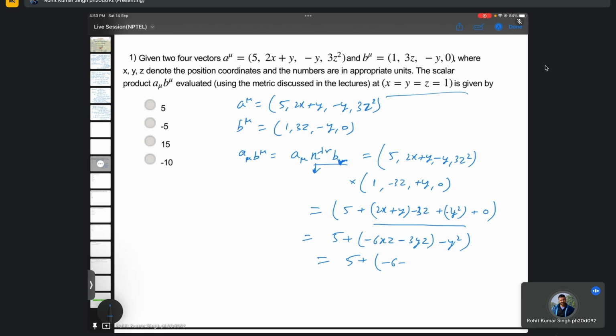So minus 6 minus 3, and this is minus 1. So minus 6 minus 3 is minus 9, and minus 1 is minus 10, plus 5. So the answer will be minus 5.